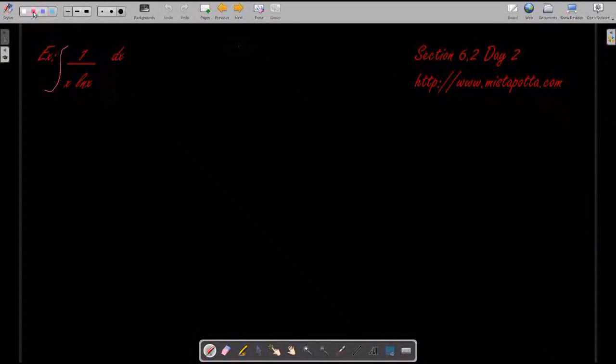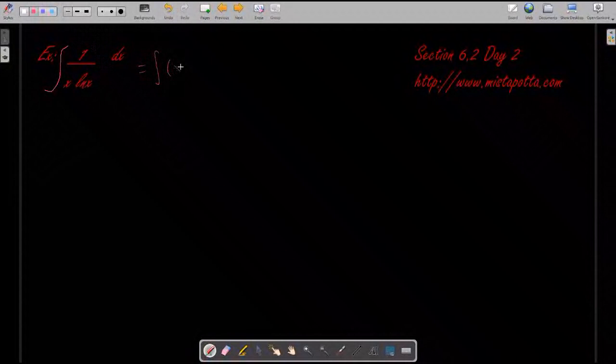The issue here is if I think of this as being the integral of x times ln x to the negative 1, this is going to still be pretty complicated.